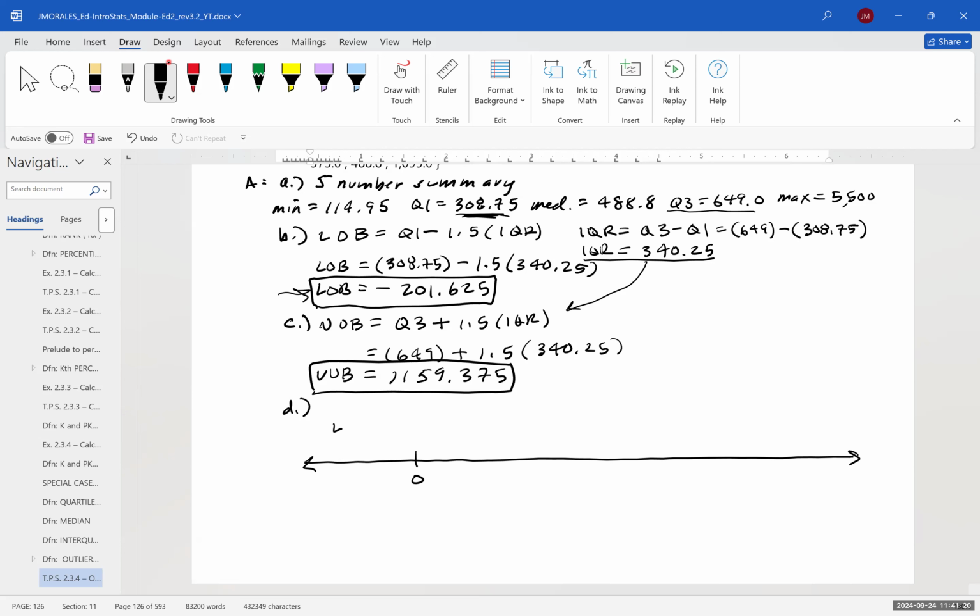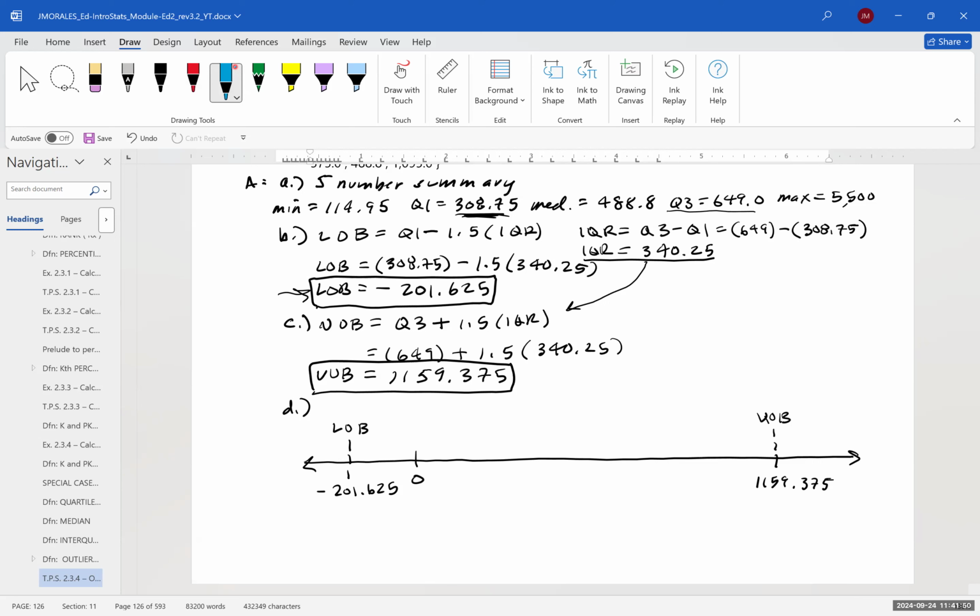So our lower outlier boundary right here at negative 201.625. And then let's just put up here our upper outlier boundary, and that is at 1,159.375.